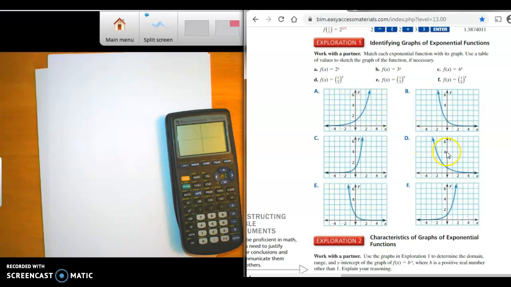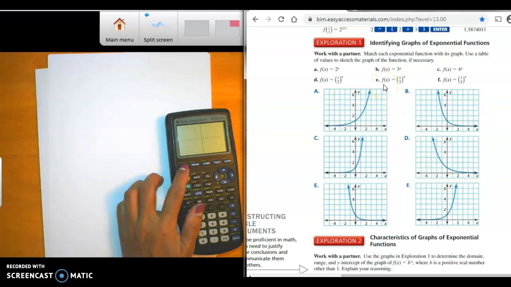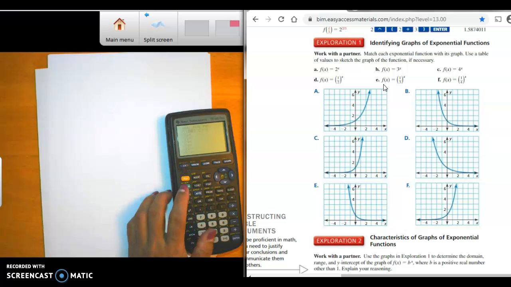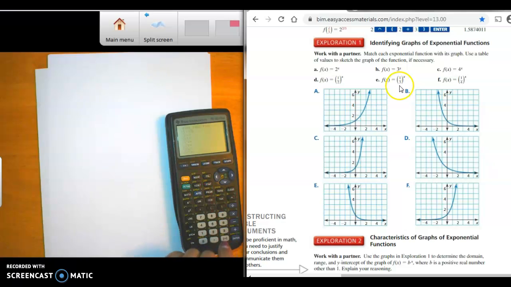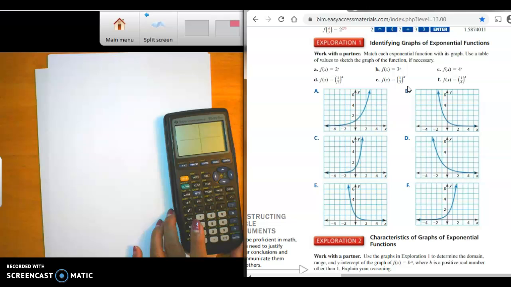So that matches with letter D. Letter E is 1/3 to the x power. So open parenthesis 1 divided by 3, close parenthesis, power to the x. Enter and graph. Okay, that looks like letter B. So that matches with letter B.